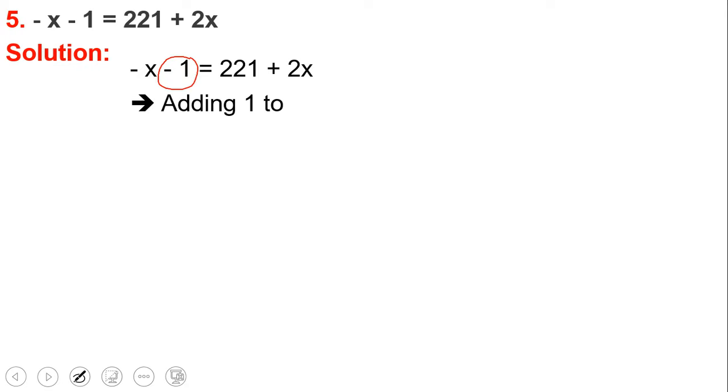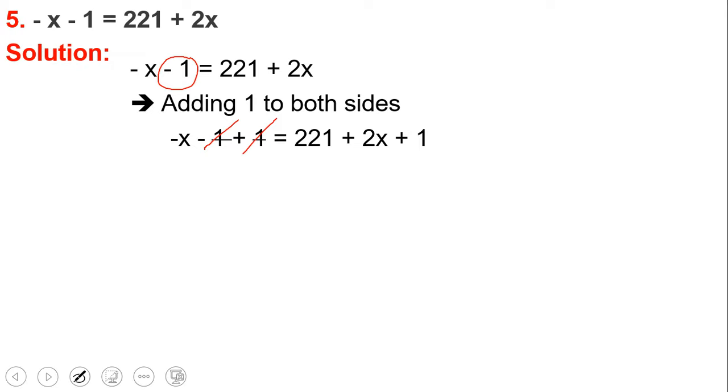Okay, now when we add plus 1, the minus 1 gets cancelled, and here 221 plus 1 is 222. So the new expression is minus x is equal to 222 plus 2x. Now x is on both sides. Here is minus x and here is 2x.